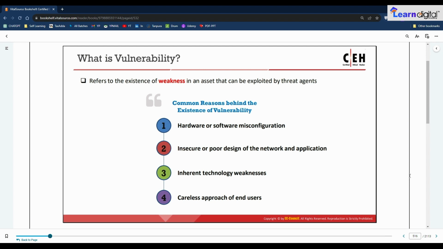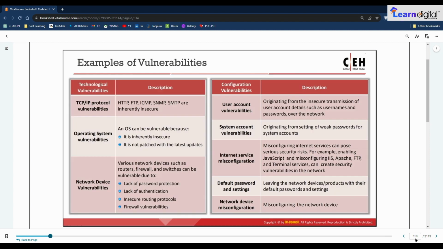There are some common reasons for the existence of vulnerabilities. The first is hardware or software misconfiguration, and maybe the insecure or poor design of the network and applications. Then the third is inherent technology weakness, then end user carelessness, and intentional end user acts. These are some examples of vulnerabilities which I have added in my slides.